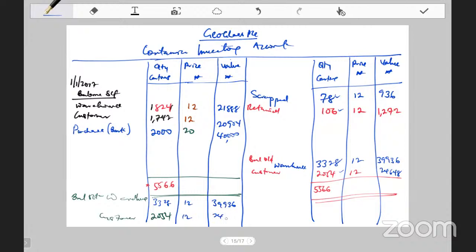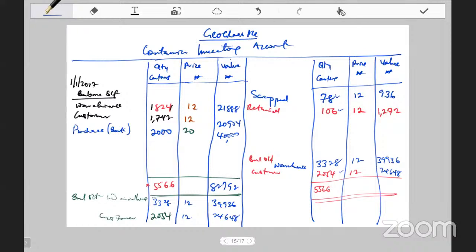Now, can you give me the addition on the debit side and the addition on the credit side? 21,888 plus 20,904 plus 40,000 gives me 82,792. Now check the addition on the credit side. It will not balance.